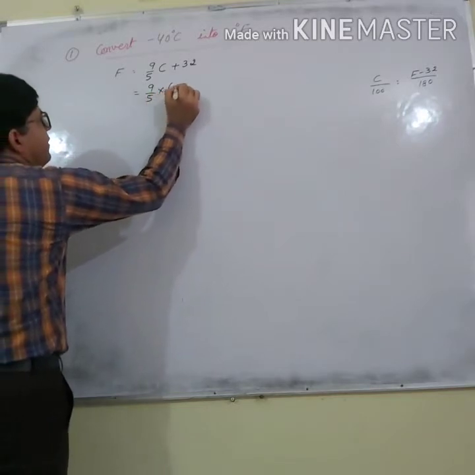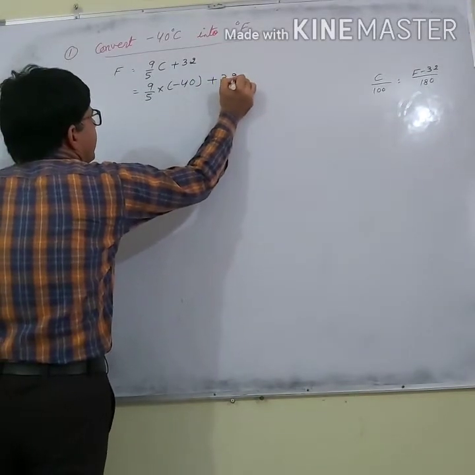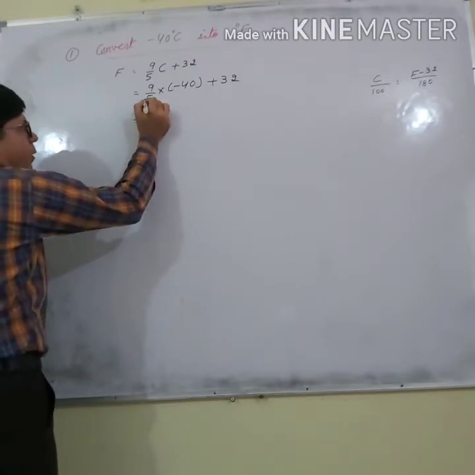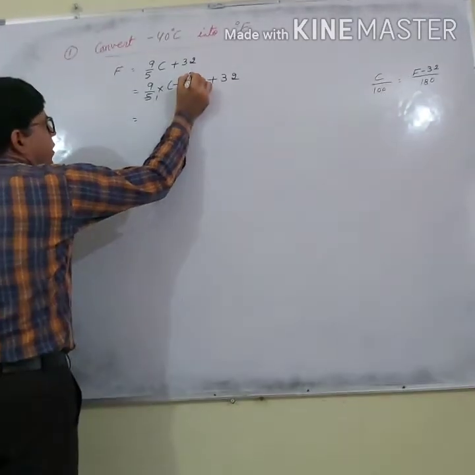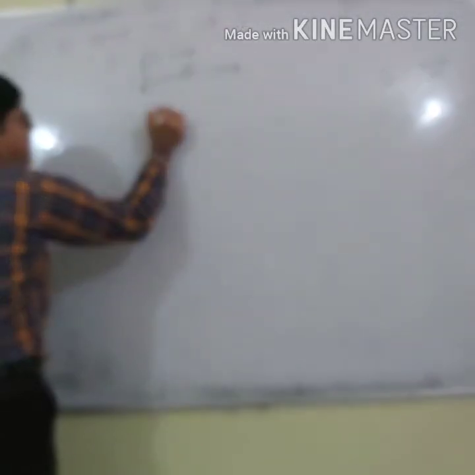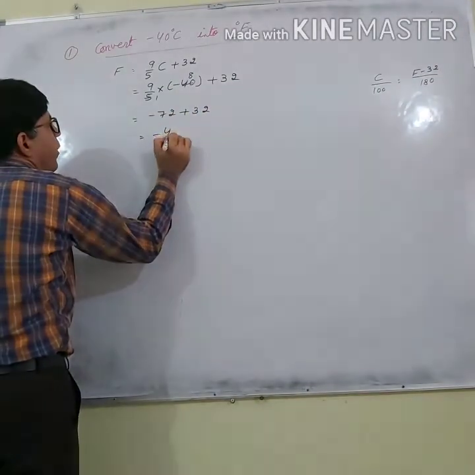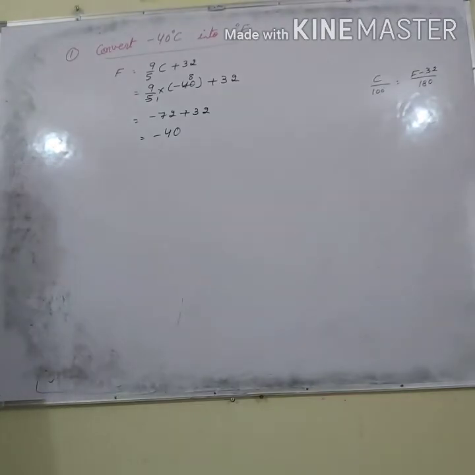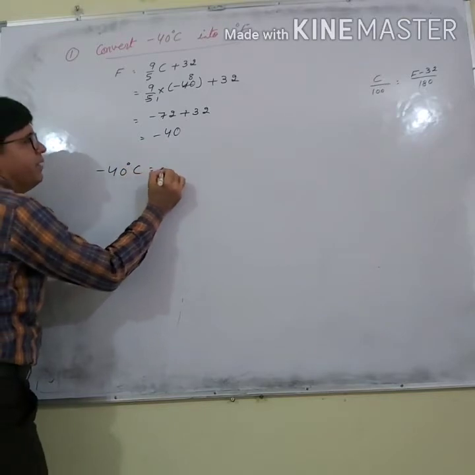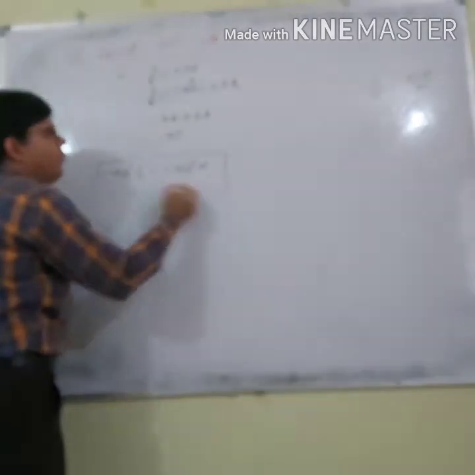C here is minus 40, plus 32. If you solve this, it is on the table of 8, so it is 56. 9 8s are 72. Minus 72 plus 32. Answer is minus 40. So I can say that minus 40 degrees Celsius is equal to minus 40 degrees Fahrenheit.